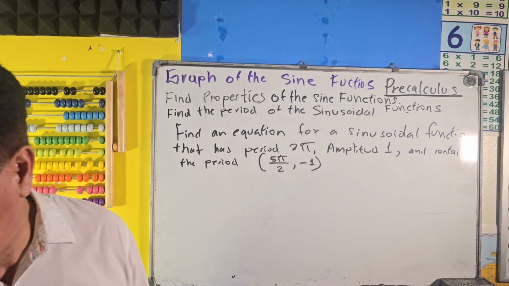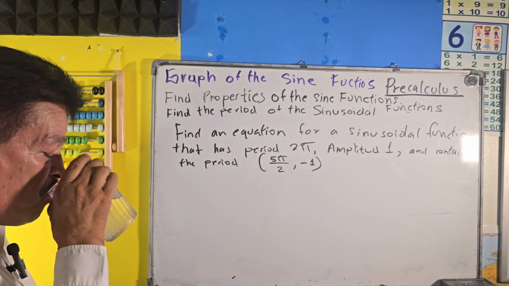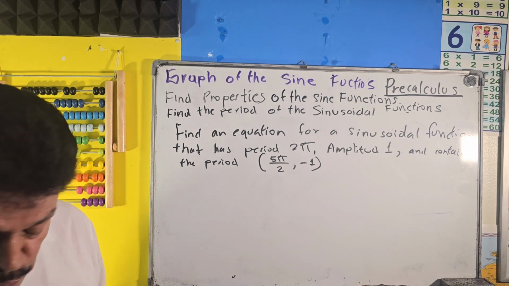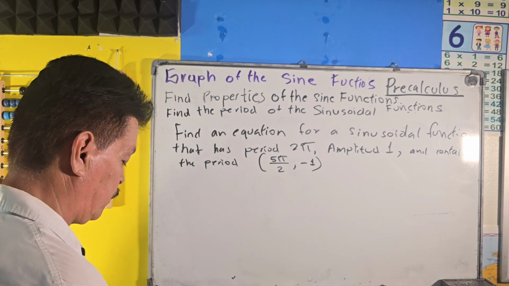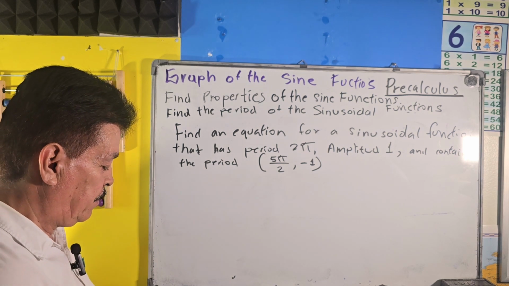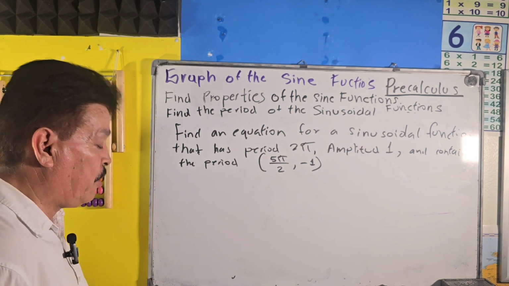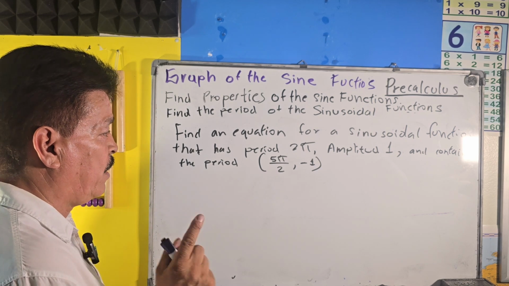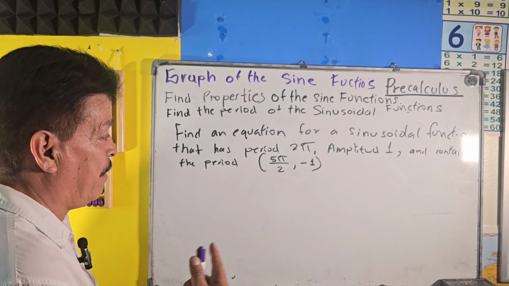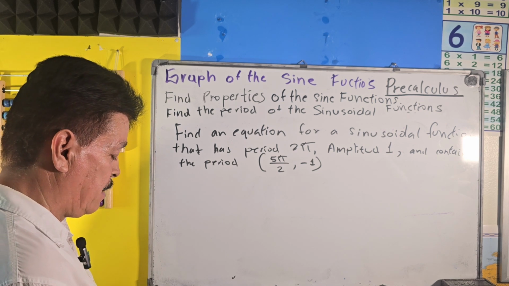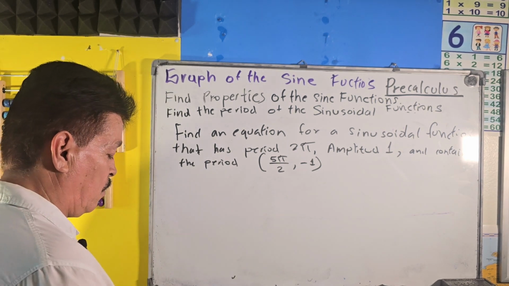How do we solve this problem? All right. We have to use the amplitude to find the numbers a and b into the equation. Let me write this clue.